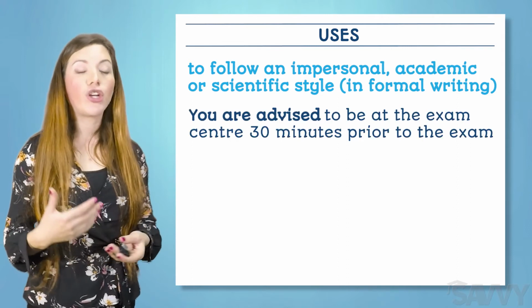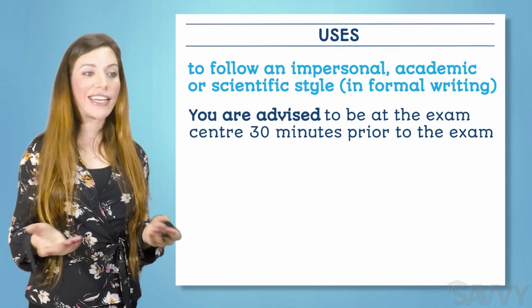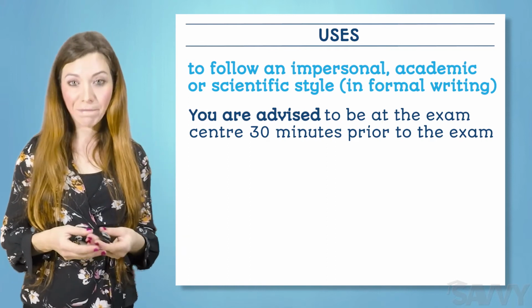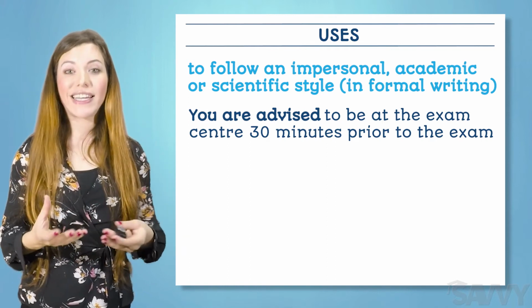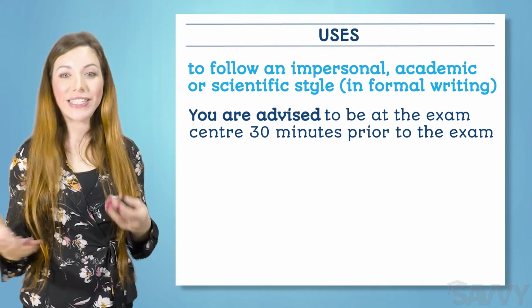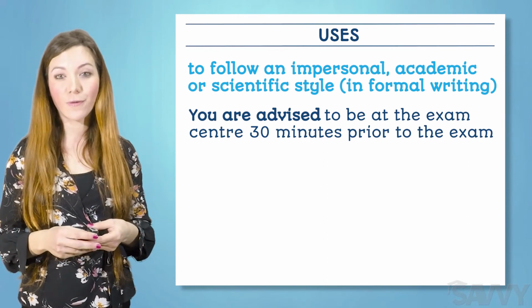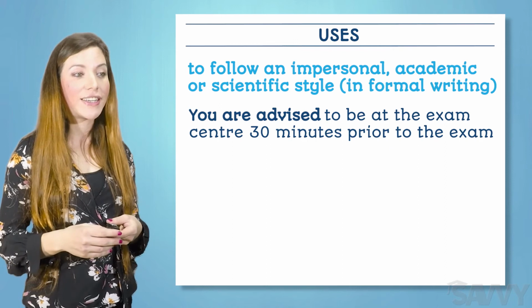For example, you are advised to be at the examination center 30 minutes prior to the exam. What's important there is the action, that you are there 30 minutes before, not who is telling us to be there on time or 30 minutes before the examination starts.